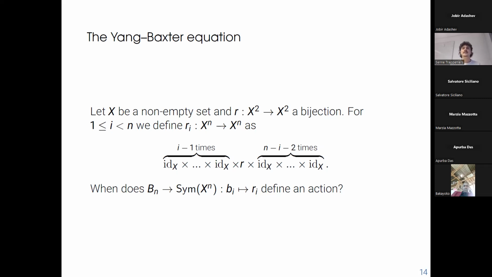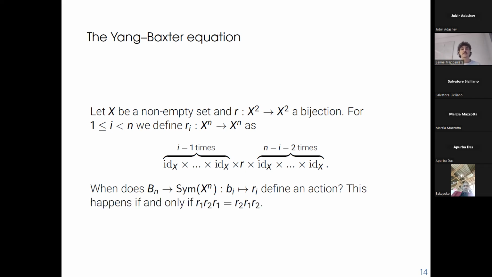Now, the nice thing is that the commuting relation that we have is automatically satisfied, because if we apply R at, for example, the first two coordinates and then apply R also to the last two coordinates, these things are going to commute. But it's the other relationship which is interesting.